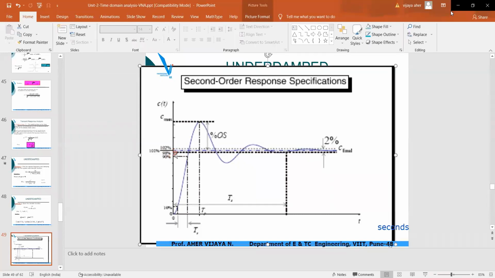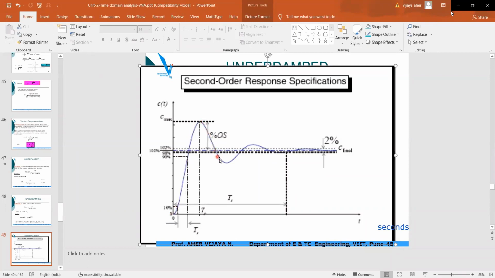That means settling time is varying from 98% to 102%. That is nothing but plus minus 2%. Now this point is nothing but 90% of maximum. This point is nothing but 10% of maximum.